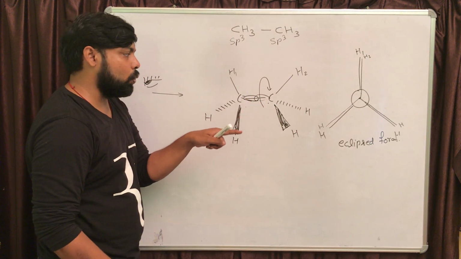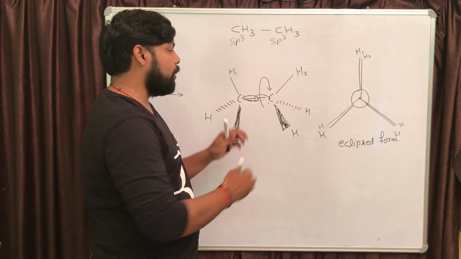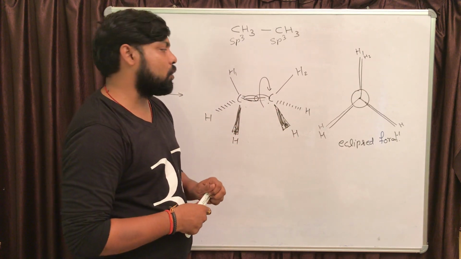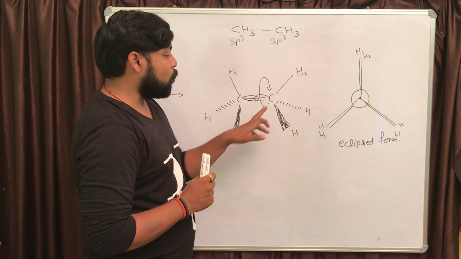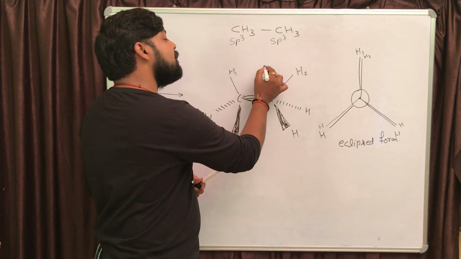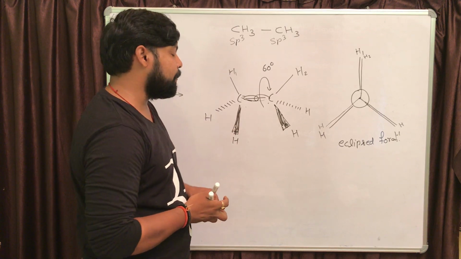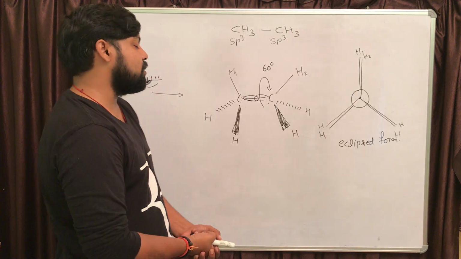If you do so, the overlapping will get distorted. Now, if you start rotating, there will not be the situation of 100% overlapping. So rotate the second carbon atom by 60 degrees. If you rotate the second carbon atom by 60 degrees, what is actually happening?